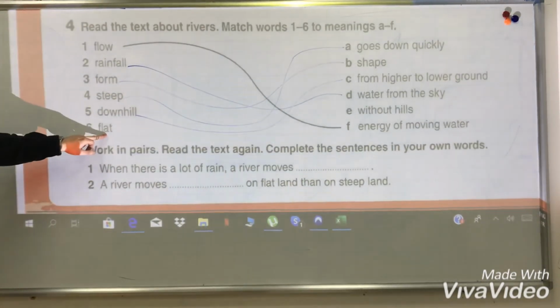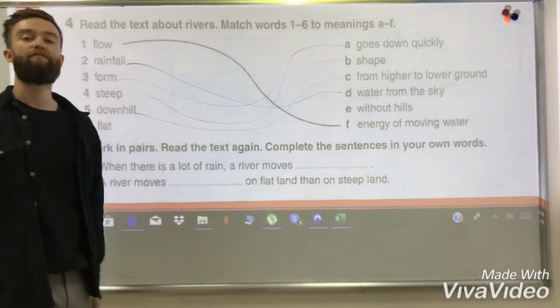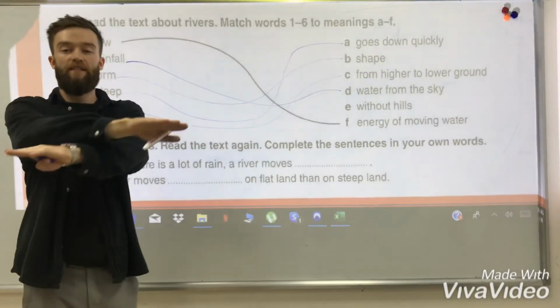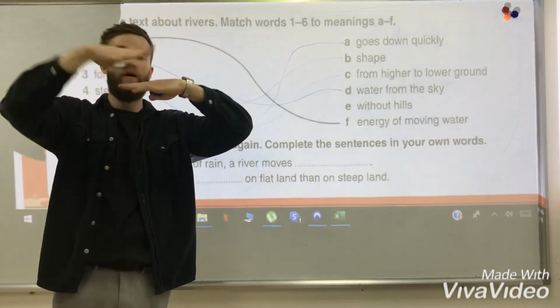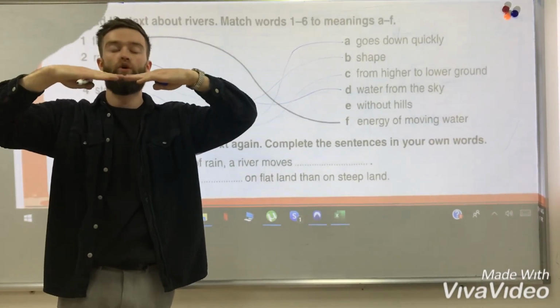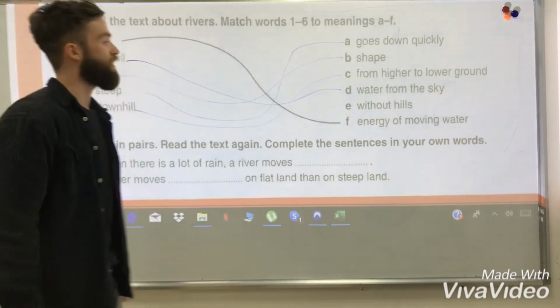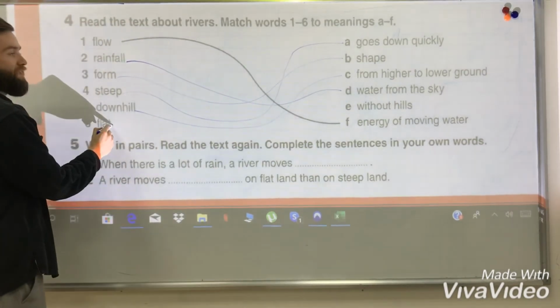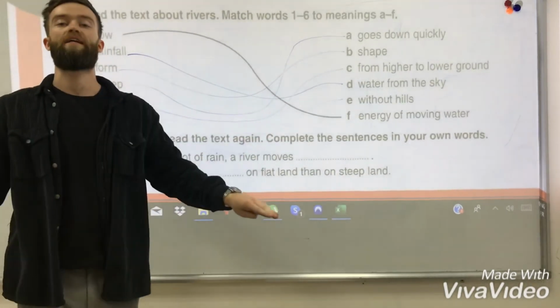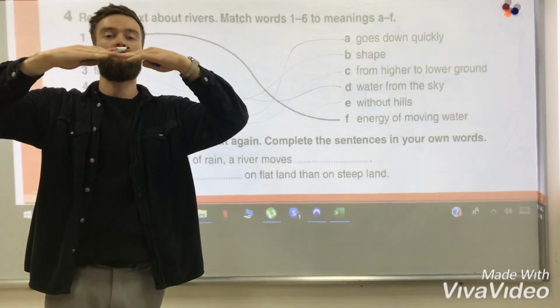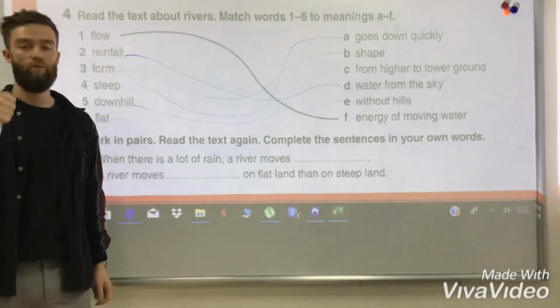And the last one, the word is flat. Now flat means totally flat. There are no hills. Okay? So number 6, flat means without hills. Totally flat. Okay? Well done.